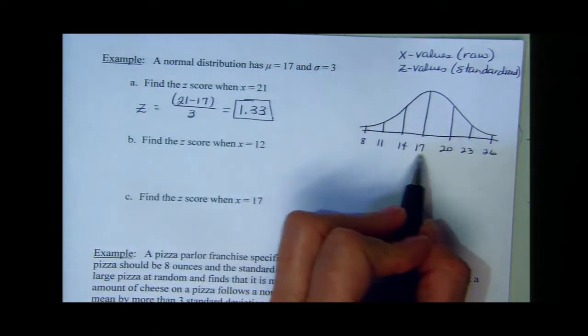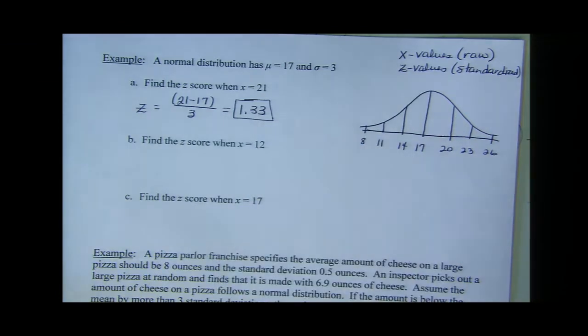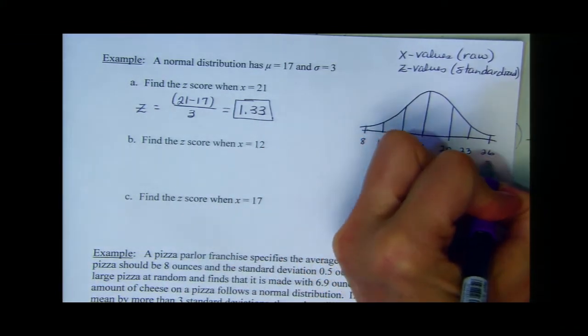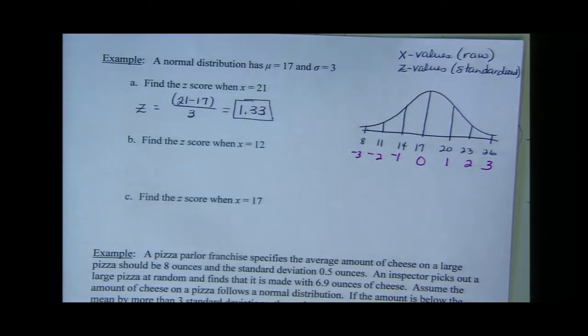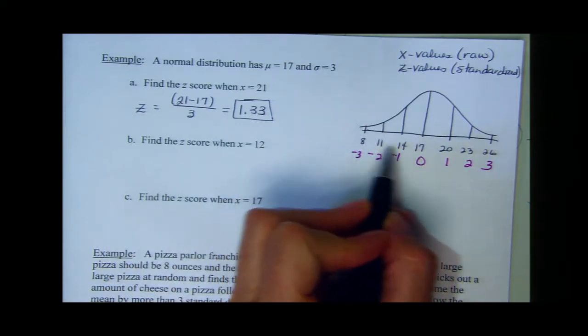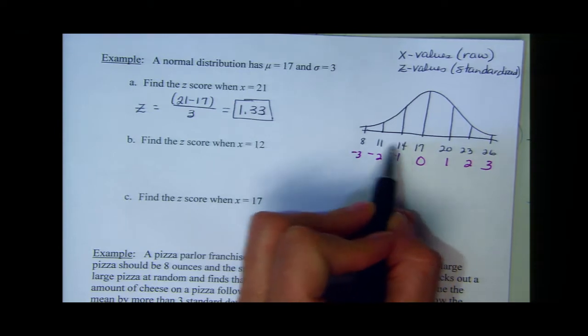Find the z-score when X equals 12. All right, well here's 17. 12 is below average, so right there it tells me my z-score, because remember, your z-values, this would be 0, 1, 2, 3, this would be -1, -2, -3. So 12 would be below average. That tells me that I'm going to have a negative z-value, and 12 falls between -1 and -2.